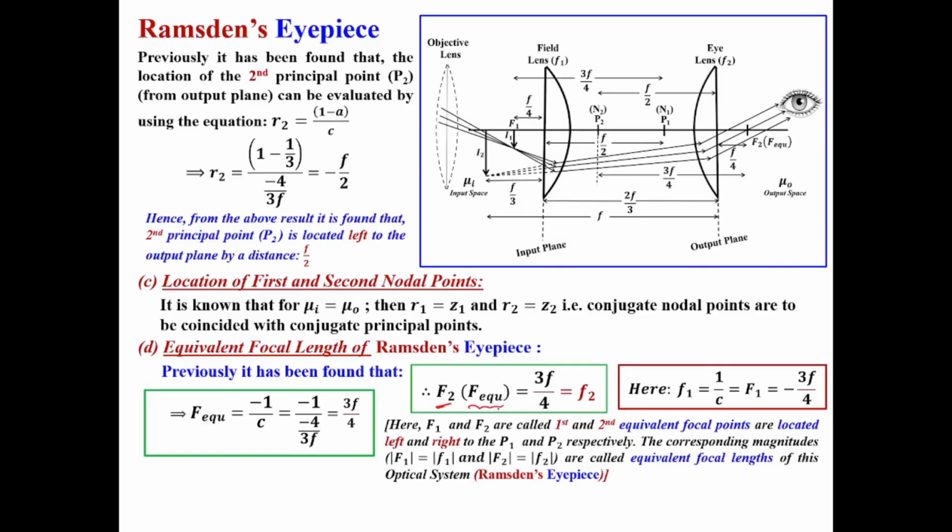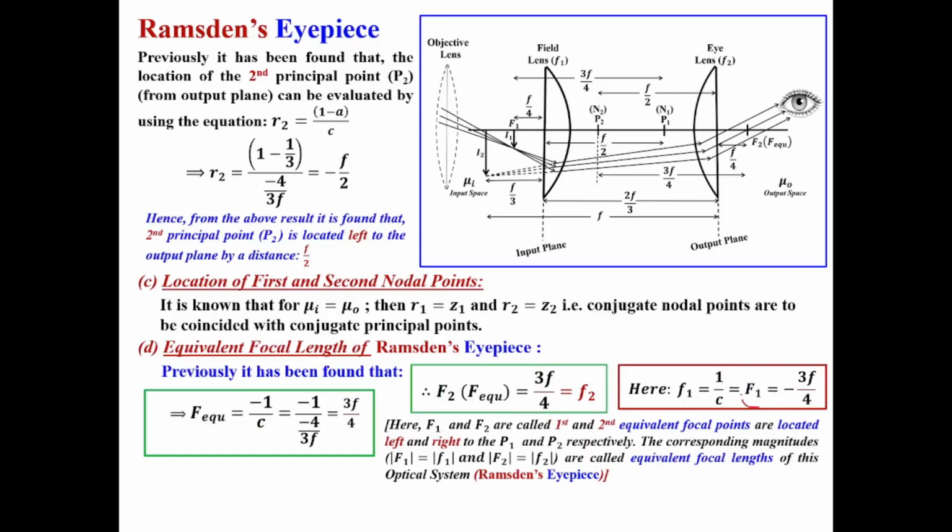Suppose somebody asks the equivalent focal length of the Ramsden eyepiece, that means this F2. If I consider F1, it is nothing but this small f1, whose value is 1 by C. Here minus 1 by C. That means the magnitude is the same, but the sign is different. Here 3 by 4, here minus 3 by 4.